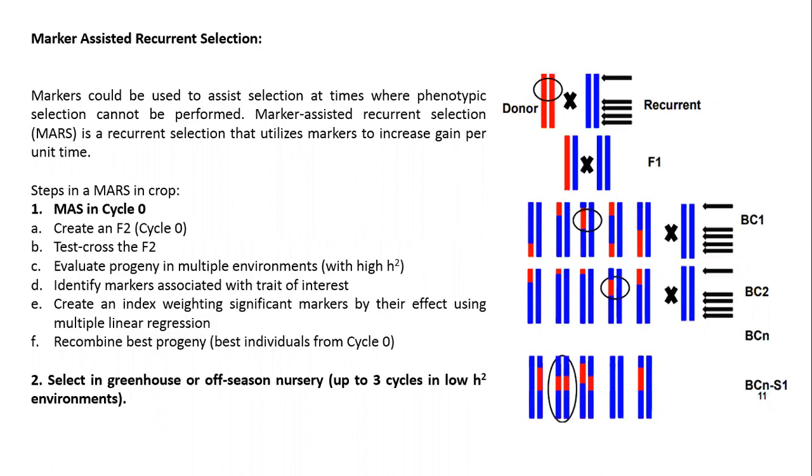Upon the F1 hybrid formation, one chromosome comes from the paternal and one comes from the maternal inheritance, and this is the F1 hybrid, which is test crossed with the recurrent parent. The test cross must be a cross between the F1 hybrid and the homozygous recessive parent. That means here the female parent.